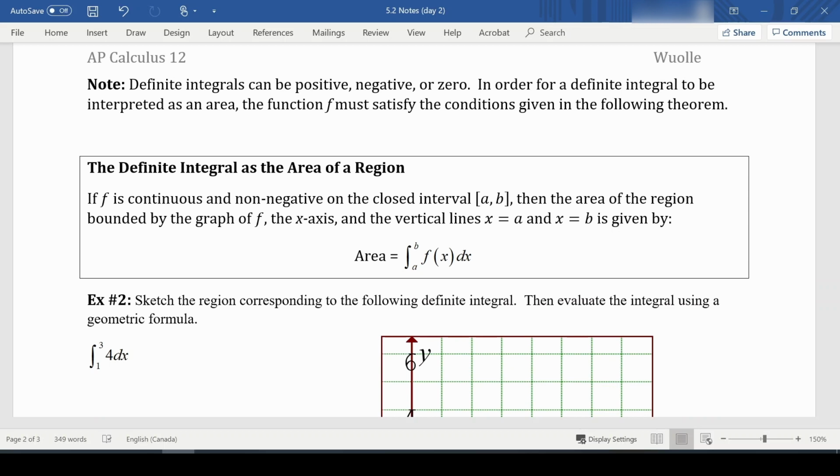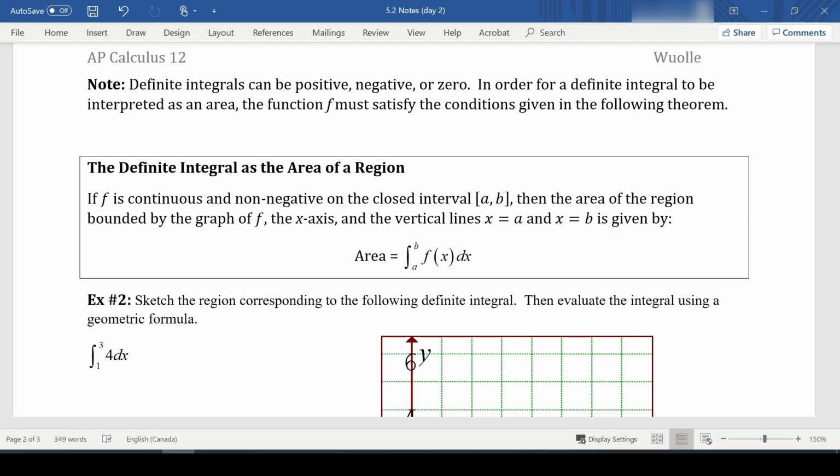Okay? So basically, in order to be using this area idea, we have to actually be able to find a finite area. That means we have a starting point and an ending point, and we draw vertical lines there. We bound by the x-axis, and then the fourth side of our object is basically our curve. Okay?